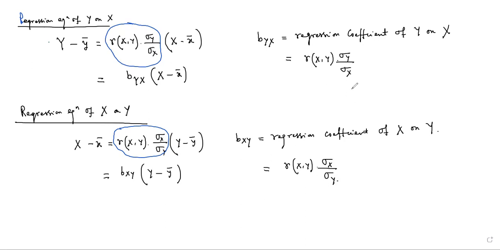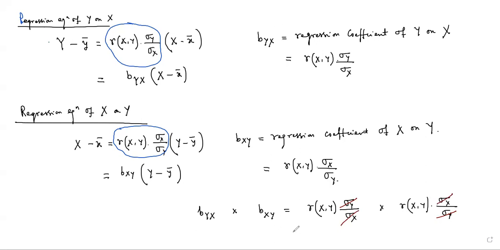Now carefully observe one beautiful thing: if I take the product of these two regression coefficients, I get rxy into sigma y by sigma x multiplied by rxy into sigma x by sigma y. This sigma y and that sigma y will cancel, and this sigma x and this sigma x will cancel.